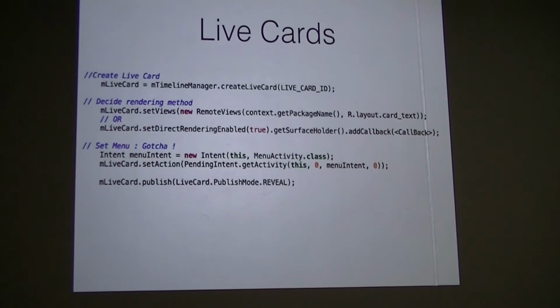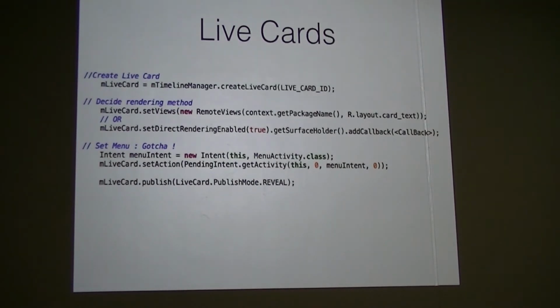Then you decide your rendering method depending on whether you want a low frequency updating card or a high frequency updating card. The first uses remote views, which is low frequency, and the second is high frequency where you actually get the surface and can do advanced graphic stuff on it. When you're done, you set a menu activity to it using the set action command, and then you publish the card. That is when it will be put into the timeline.